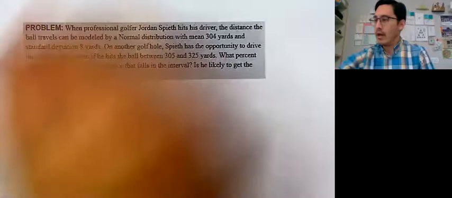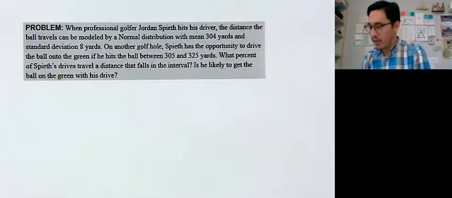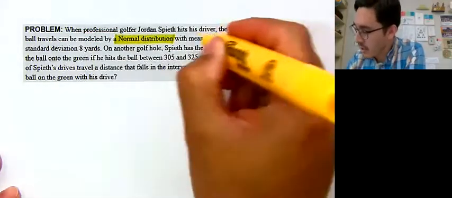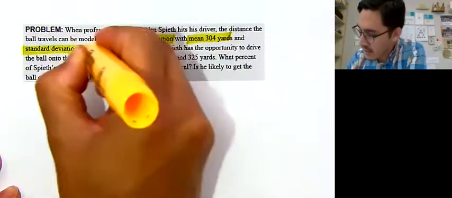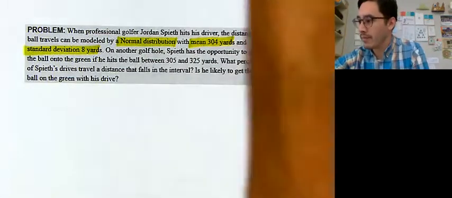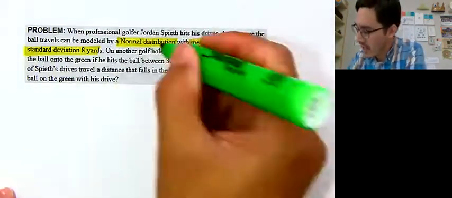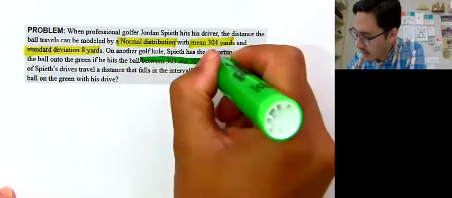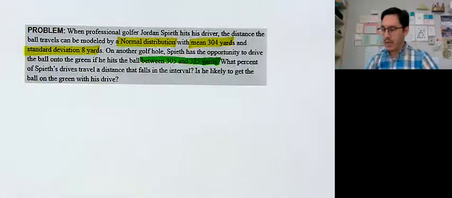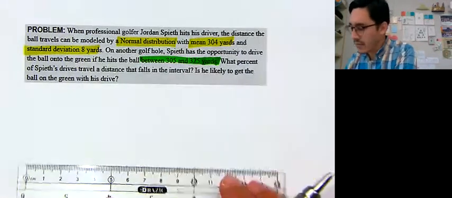Okay. So I'm going to, again, highlight what's important: the shape of the distribution, the mean, the standard deviation, and the interval. He's trying to get his ball between 305 and 325 yards. So let's sketch it first.